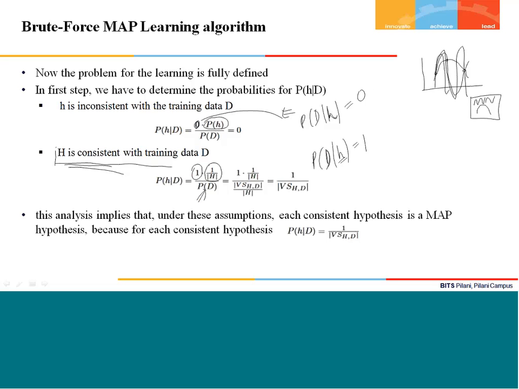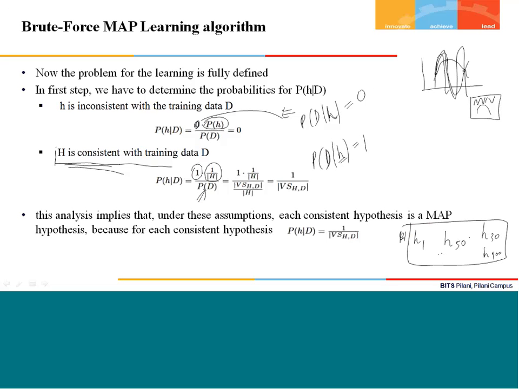Now from here you can also understand what P(D) actually means. I told you that there could be multiple hypotheses. Let's say one hypothesis H1 can produce the data, another hypothesis H50 can produce the data, another hypothesis H30 can produce the data, and there are 100 hypotheses in the space, from H1 to H100.